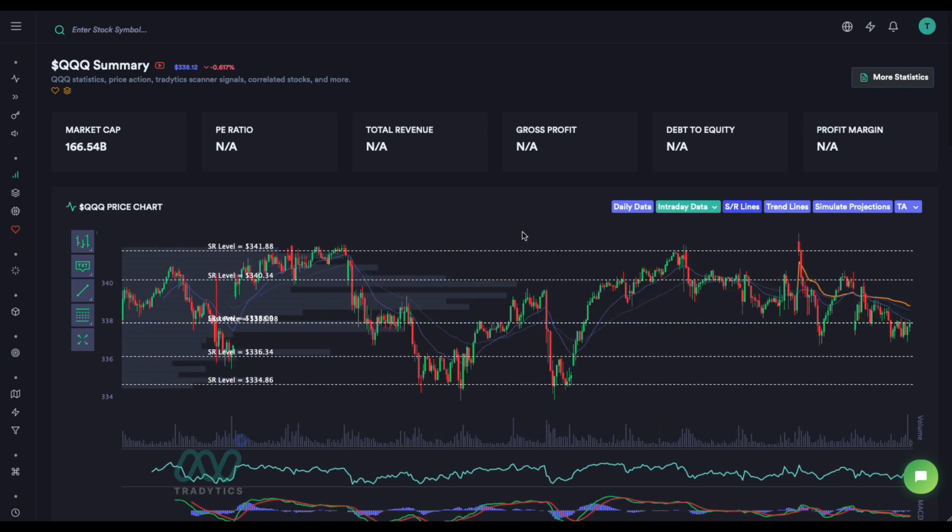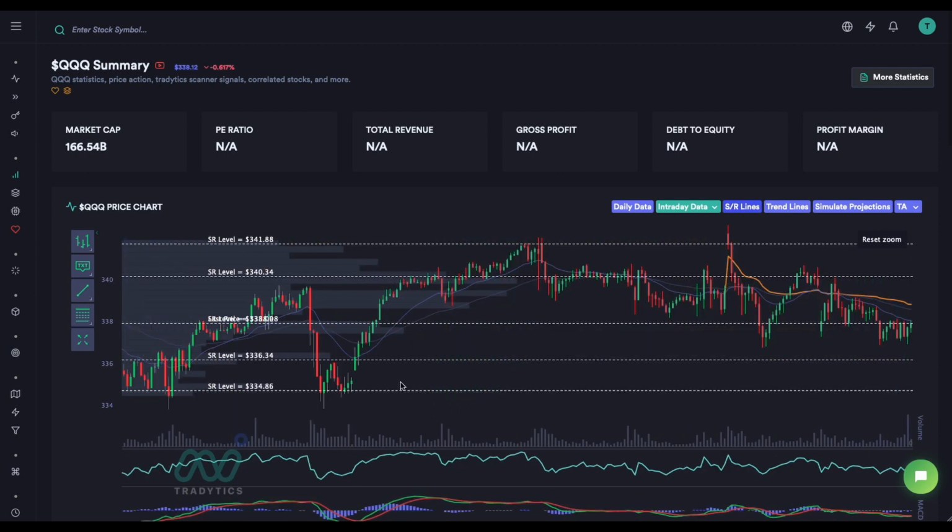So let's actually zoom out a little bit. Okay, the alert came in around these candles, and you can see that when the alert came out and it was a put alert, the recent price action was slightly bearish, but now we had started to go up.